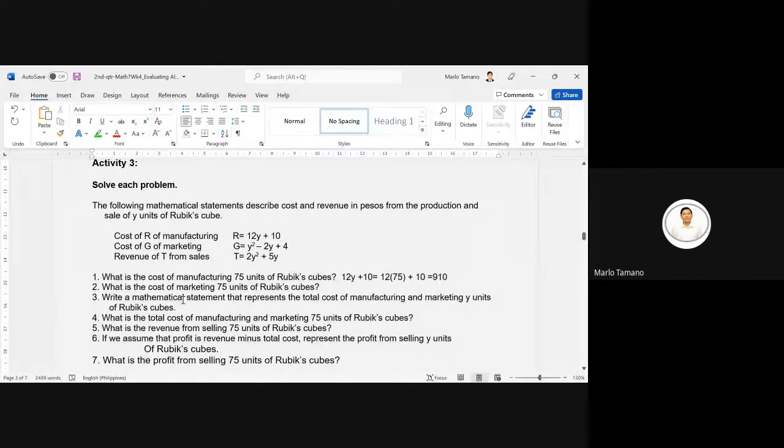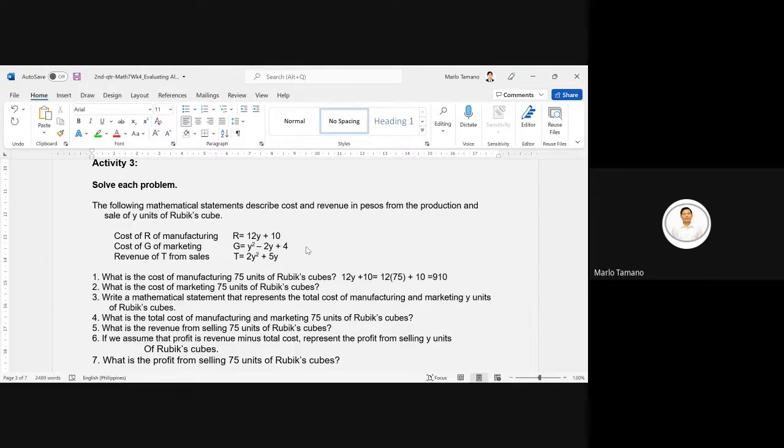Now, what is the cost of marketing 75 units of Rubik's Cube? O, ito naman po, kapag marketing ninyo, ito po. Replace Y with 75. Ang sagot? 75 squared.